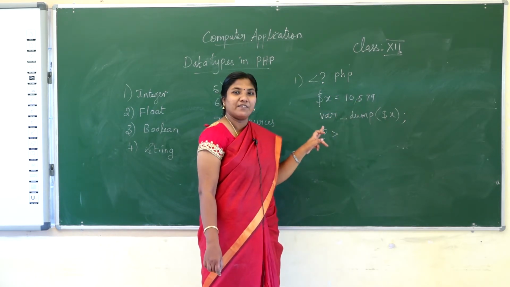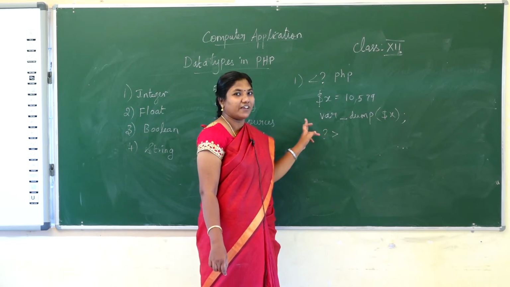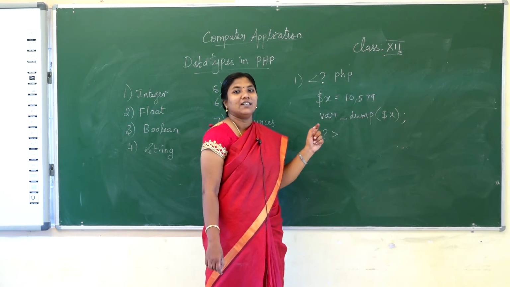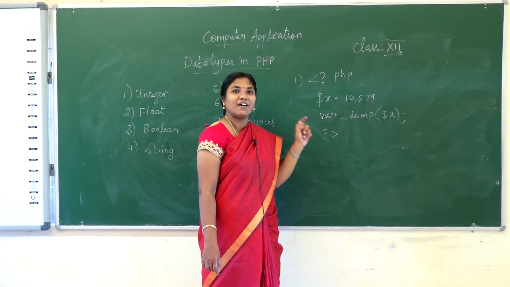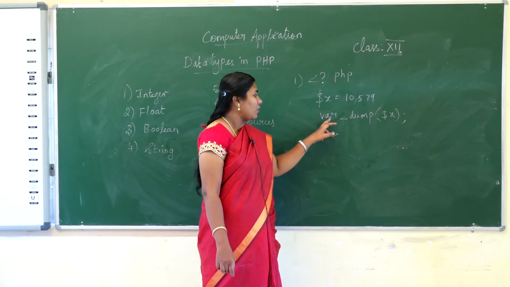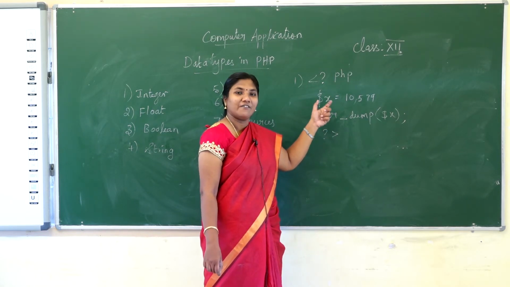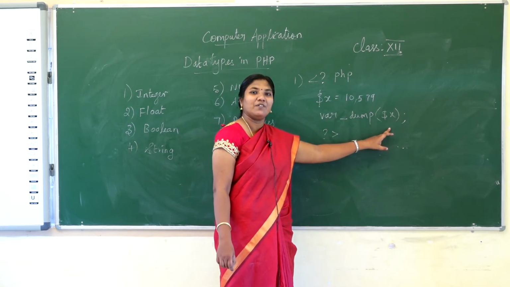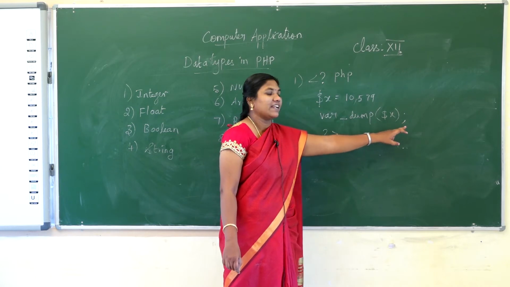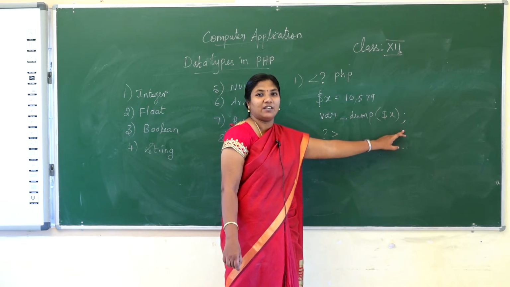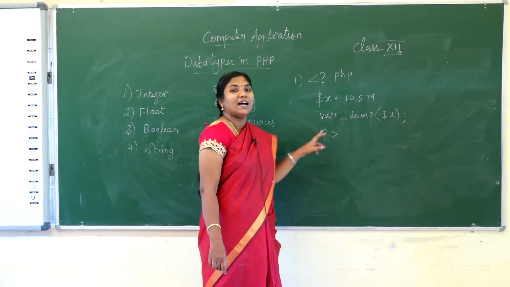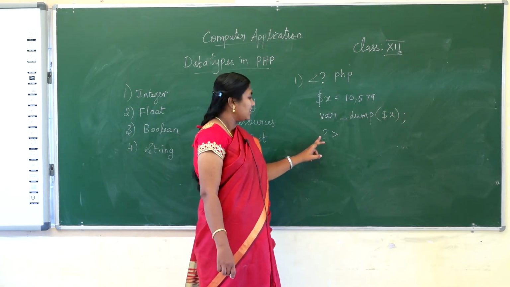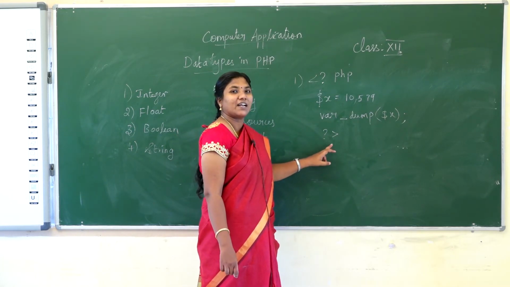What is the name of the variable here? x is the name of the variable, and the value is 10,579, a whole number. Now I am going to print the variable. So var_dump, and in brackets I give the variable which should be printed, that is $x, and every statement must finish with a semicolon. And the PHP code must end with question mark and greater than symbol.